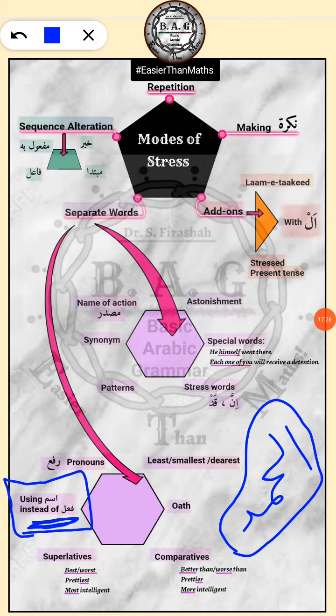It just exists. Okay, it doesn't need any time period to exist, it is just there. So that is the importance of using an ism, and that's the reason this is used in the ism form instead of using it in any fail form.